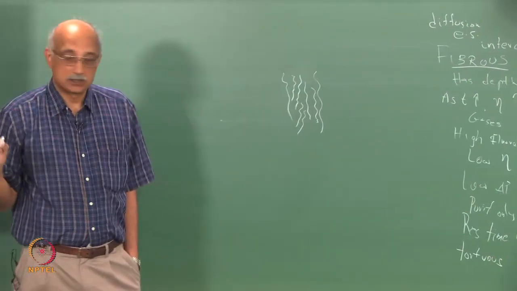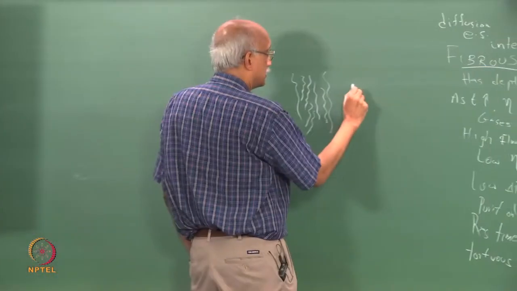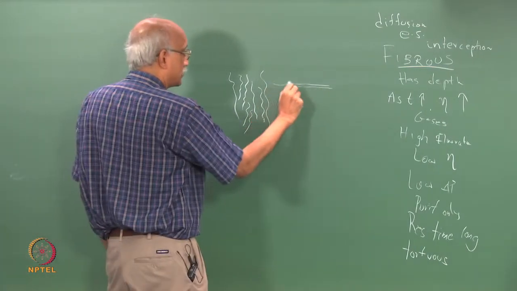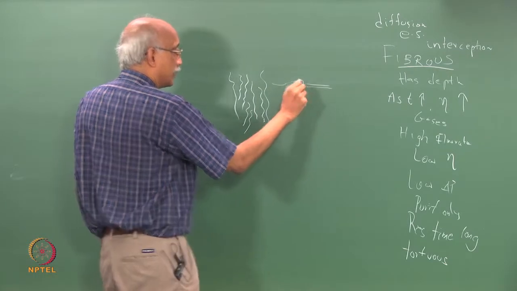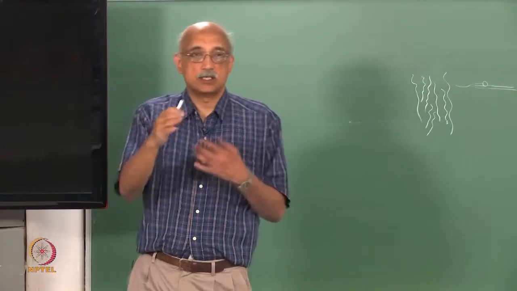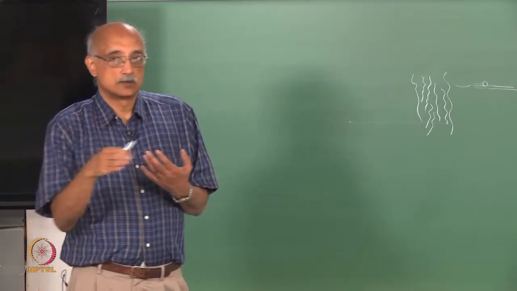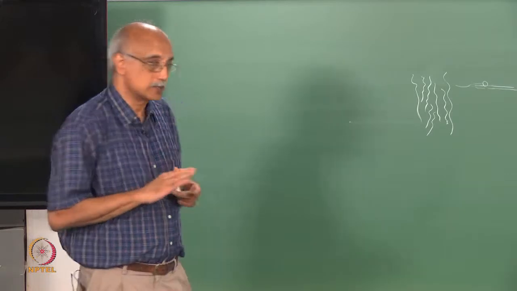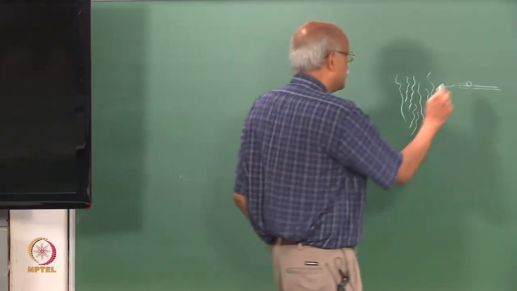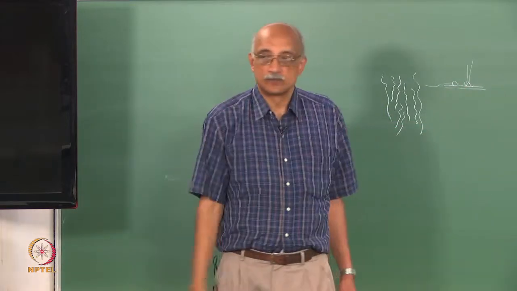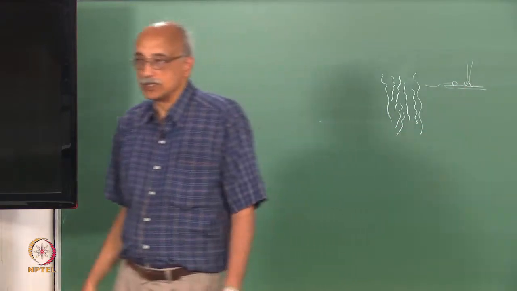Again the difference between interception and impaction. So, if you have a fiber that looks like this, interception happens because particles are flowing parallel to it, and a particle comes close enough to the fiber that it actually physically encounters the fiber during its flow and thereby sticks to it. That is what we call an interception mechanism. Impaction on the other hand implies normal impact and capture through inertial mechanisms.